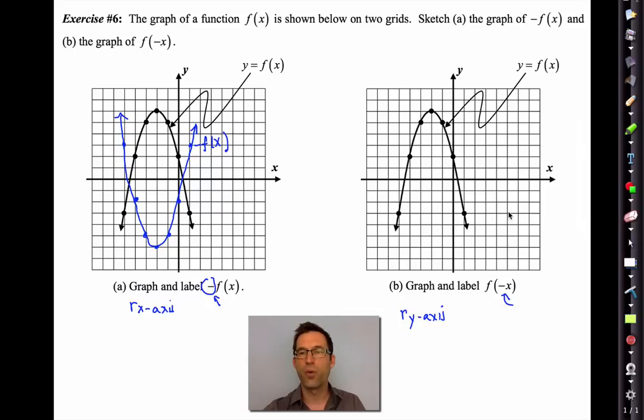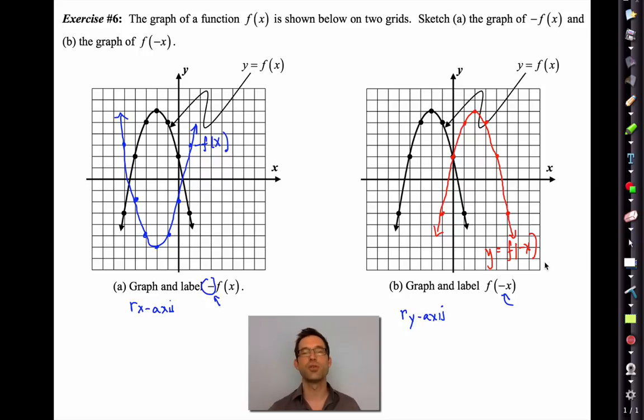Take this point, and this one, and this one, and this one, and here. Come on, best graph of the day. Oh, and that's y equals f of negative x.